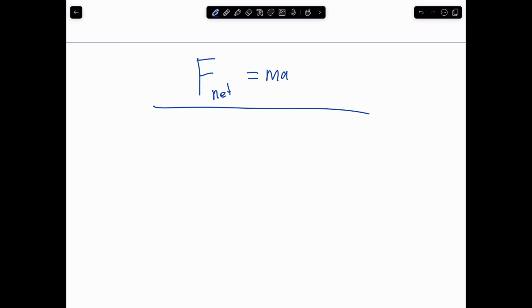Let's examine this equation a little closer. Mass is basically how much matter is in an object. It's also commonly referred to as a measure of resistance to acceleration.